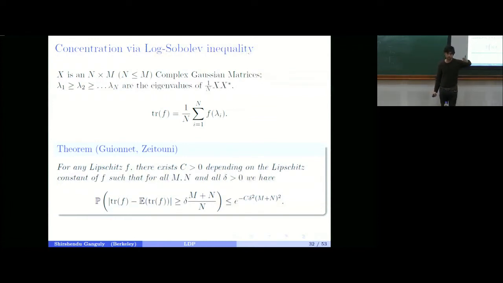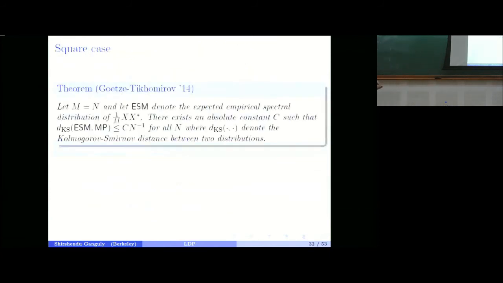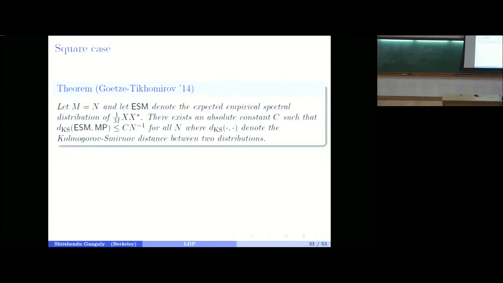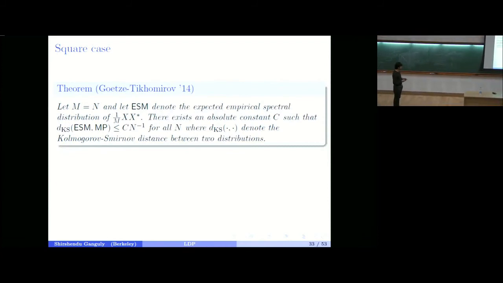Remember, we want to compare everything with the limiting Marchenko-Pastur law. So then the remaining step is to show that this expectation itself is close to the Marchenko-Pastur law. And so then you can use various results. When we first did it, we saw this result by Götze and Tikhomirov, which shows that the Kolmogorov-Smirnov statistic between the Marchenko-Pastur law and the expected spectral measure is like 1/n.